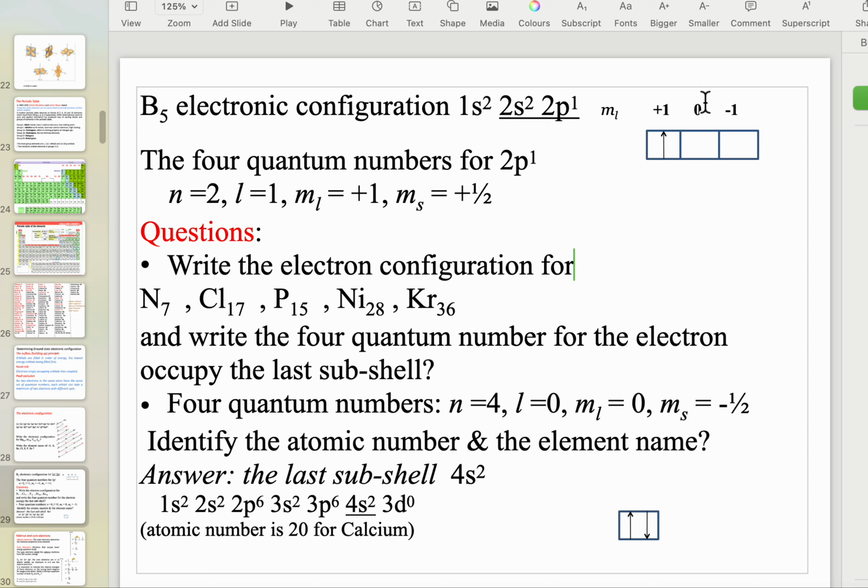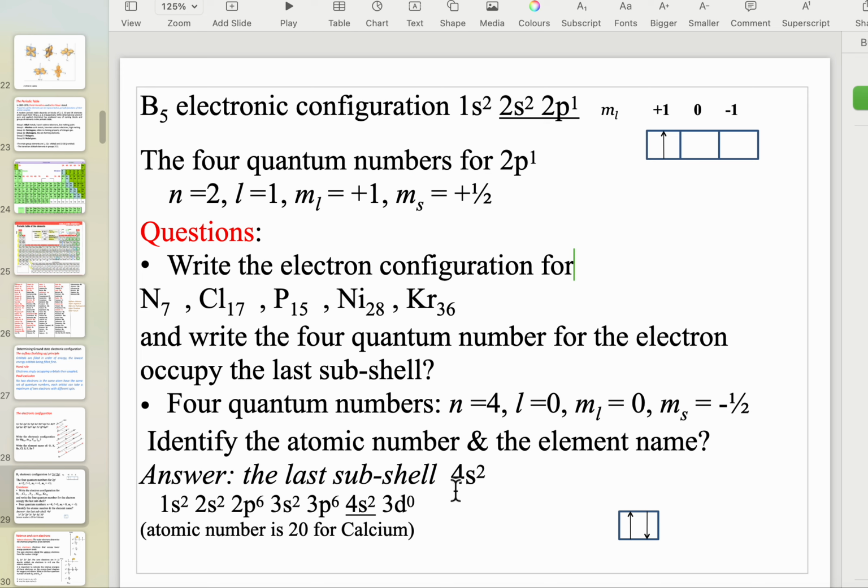The s takes only 0. ms is minus half, which means the electron is at the lower position, or anti-clockwise. It means this orbital is filled with the last electron being the lower, anti-clockwise spin. Because it's minus half, we have to add another electron, so it will be 4s2.